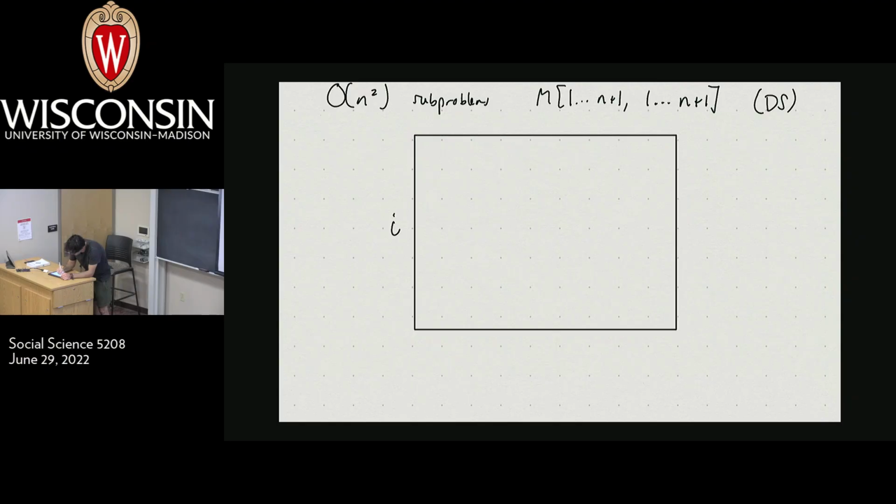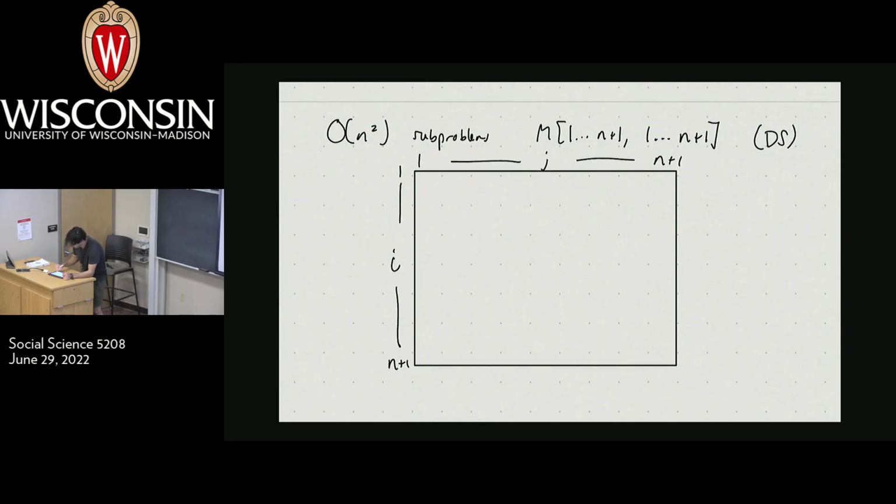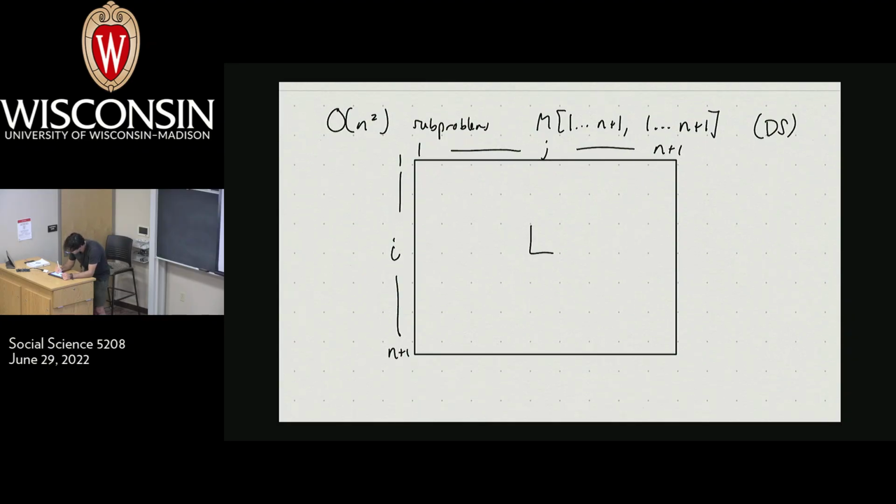We have i. What are the indexes of the array, and that how it goes from 1 to n plus 1, and oh, it's 2D. Sorry. Yep, it's 2D. So we have some square, ij.